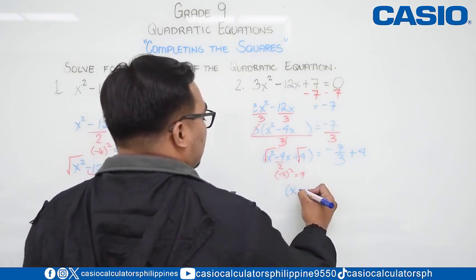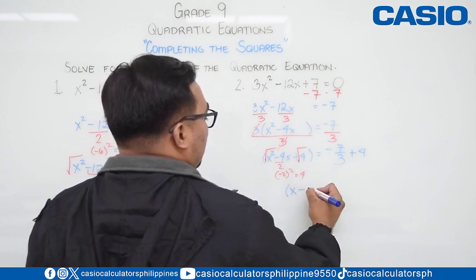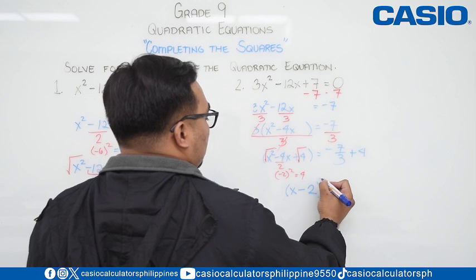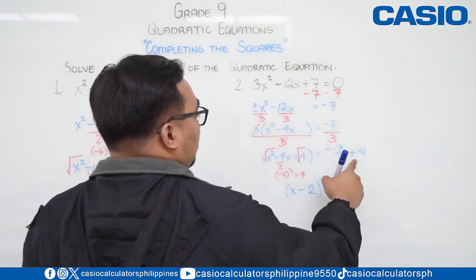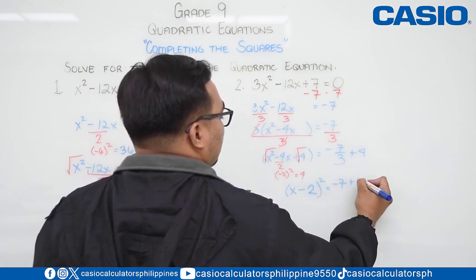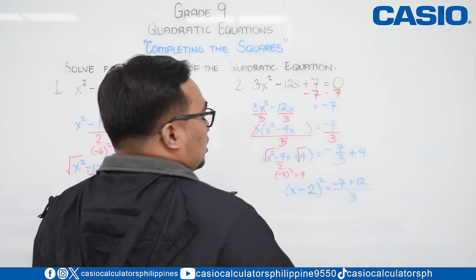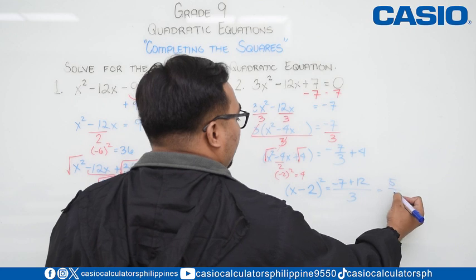So we have here x, copy the middle term sign, square root of 4 is 2, then squared. Then we simplify this: negative 7 over 3 plus 4 is simply negative 7 plus 3 times 4, which is positive 12, over 3, and negative 7 plus 12 is simply 5 over 3.